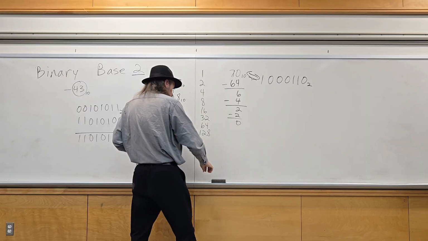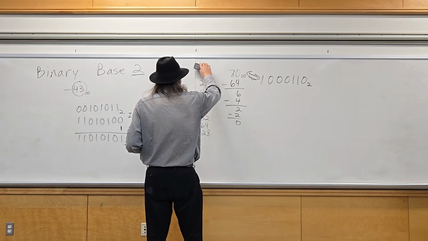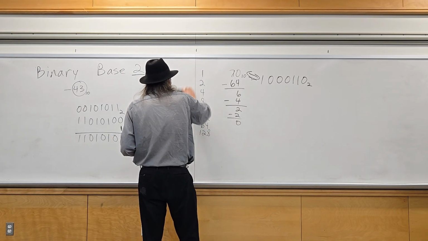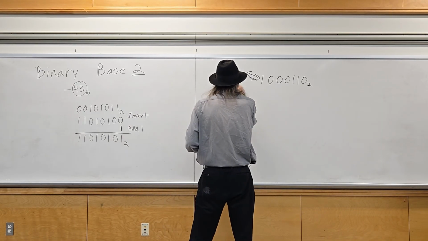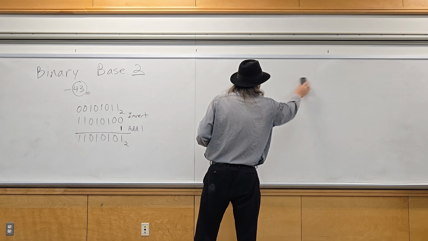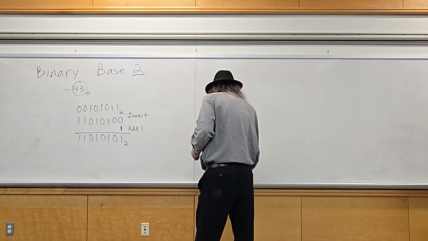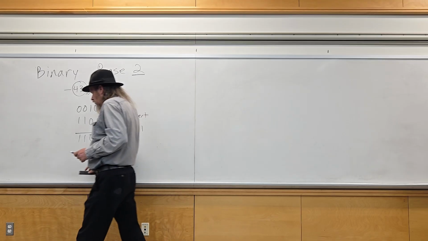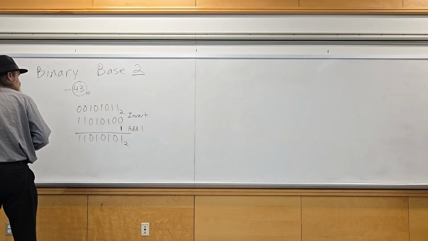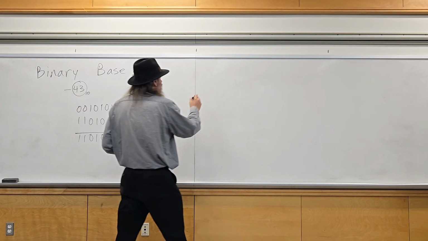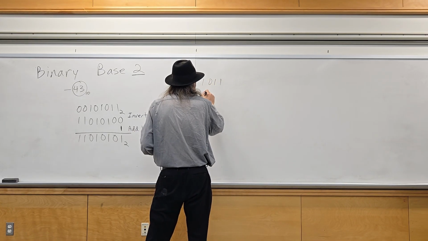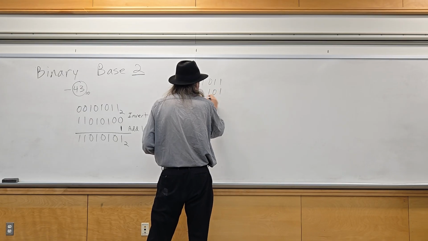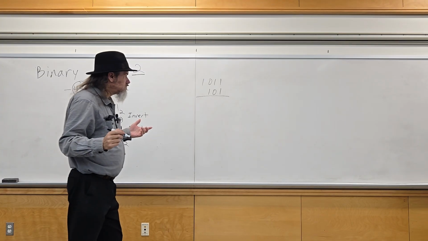Now, math with binary works the same way as decimal. So say you have 2 numbers, 1, 0, 1, 1, and 1, 0, 1. Okay?